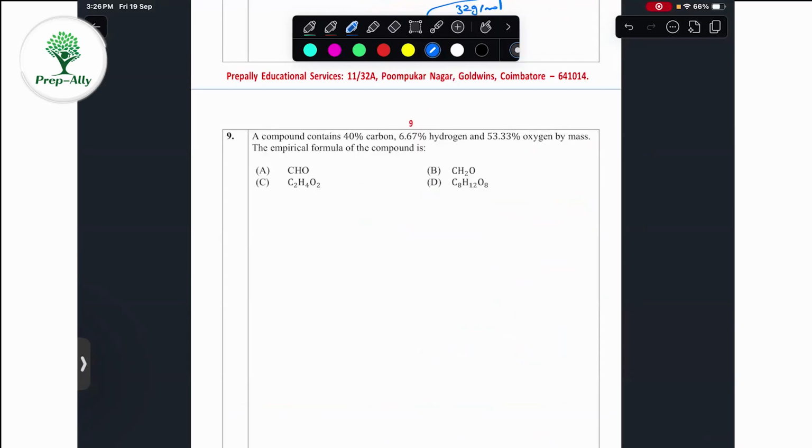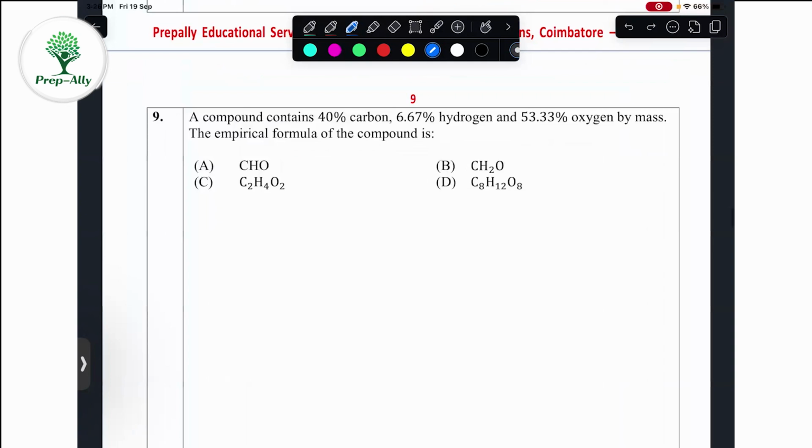The compound contains 40 percentage carbon and 6.67 percentage hydrogen. Okay, they are given in percentage. We have to find the empirical formula. So let's consider I have a 100 gram of compound. Anyway, they are giving in percentage. Now just convert into gram.